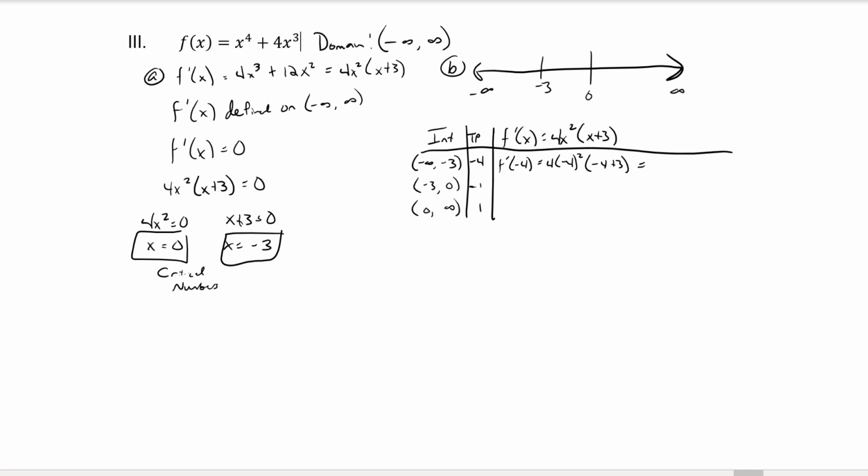We know 4 is positive, negative 4 squared is positive, and negative 4 plus 3 is negative. That tells us the derivative is less than 0, so f is decreasing.